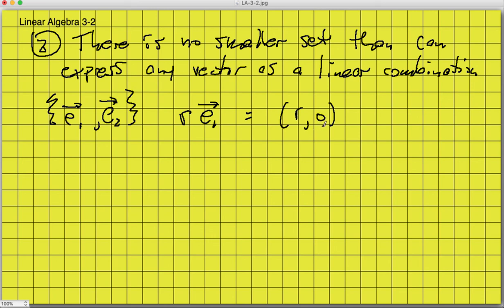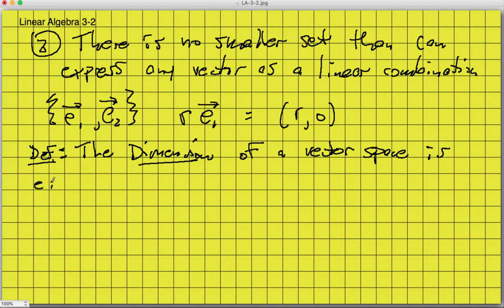Okay, so there's one more definition that we can sort of throw in here. Definition. We say that the DIMENSION of a vector space is equal to the size of the basis.